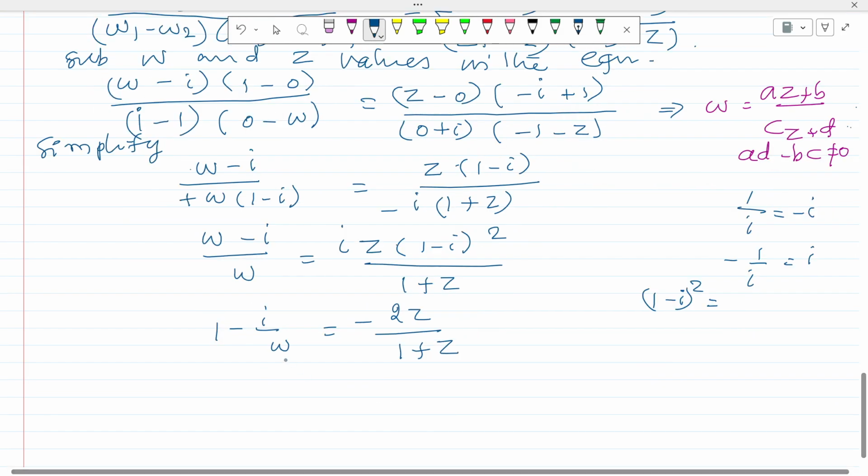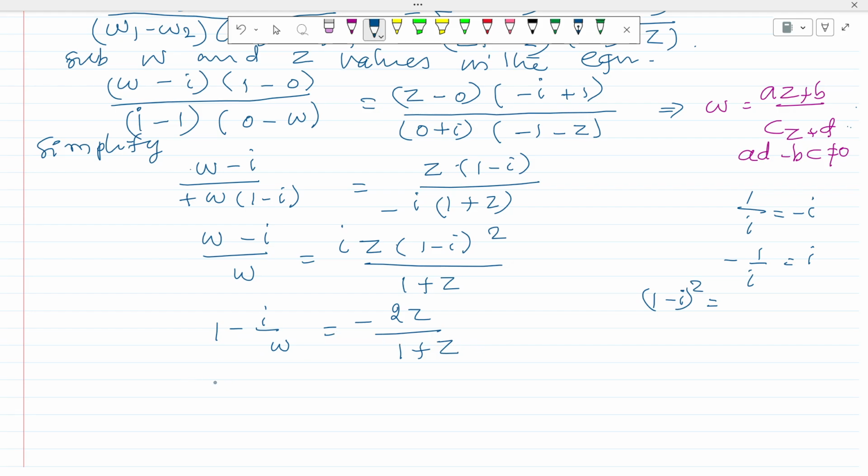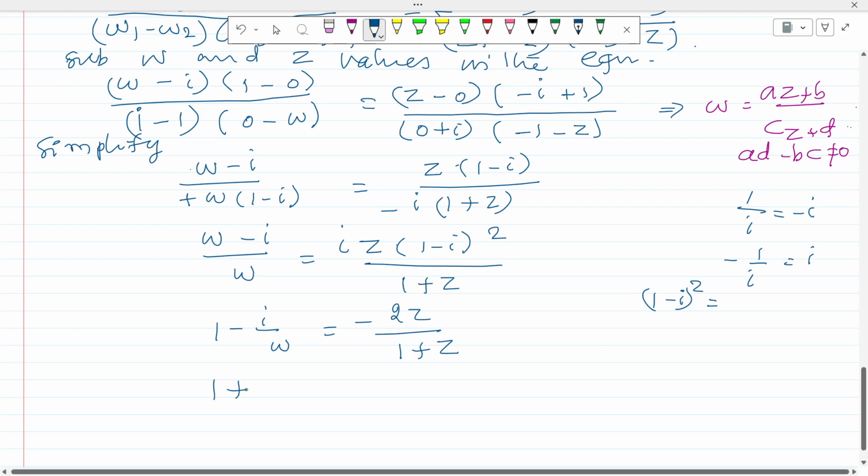Okay, fine. That minus can be taken to that side, or this can be taken to that side. That means we can write that as 1 plus 2z divided by 1 plus z. Keep it that minus I by W this side, plus I by W. Okay, fine.